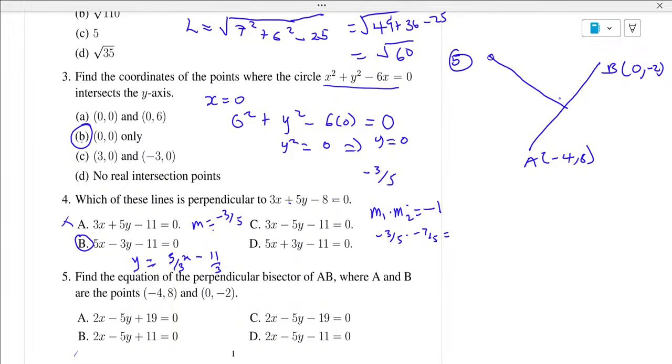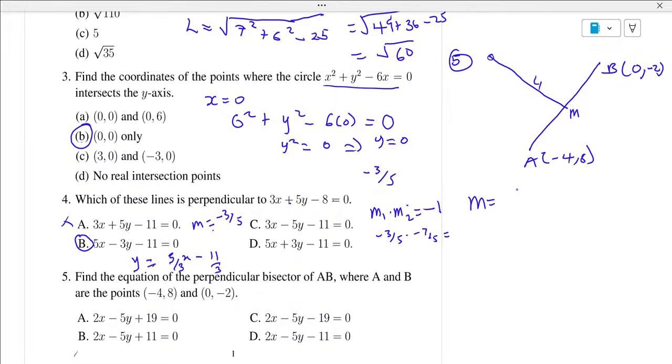Then we can find the equation. So let me label it L1. So how do we find one of the points of this line? As this line is a perpendicular bisector, it meets AB at exactly the midpoint of AB. So it meets at M. So we can find the midpoint M.